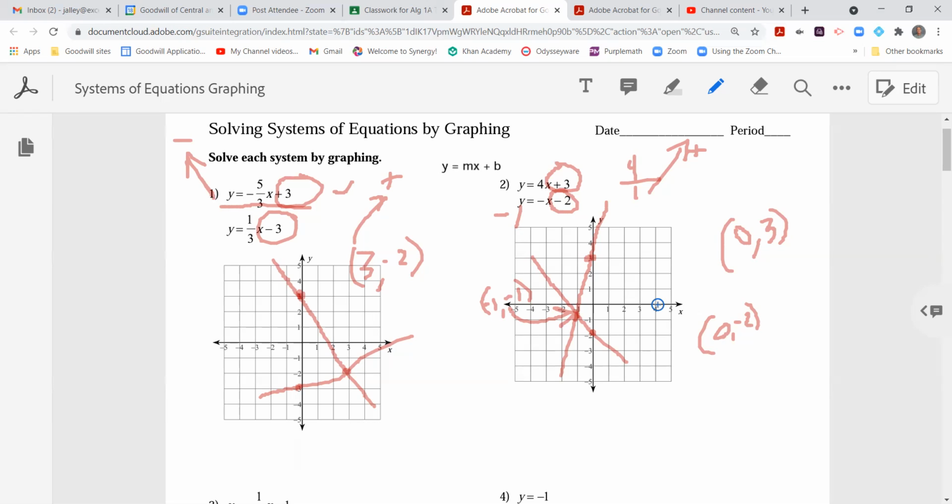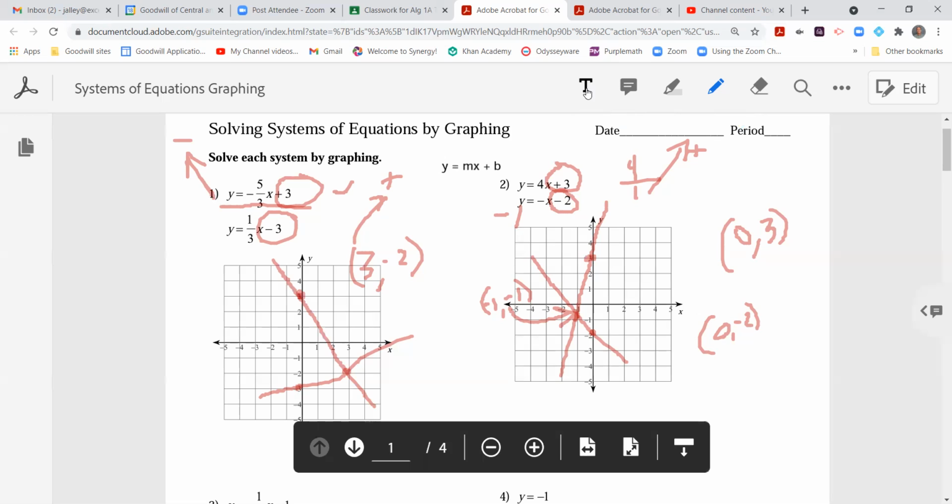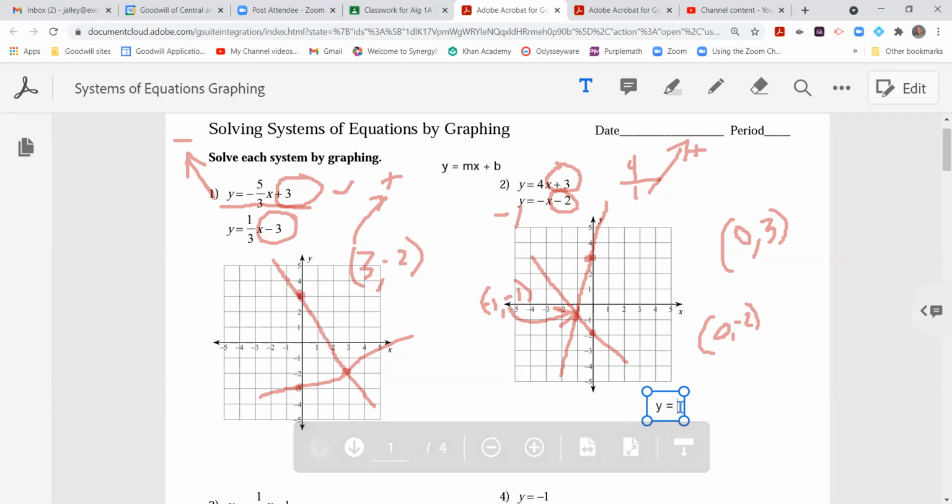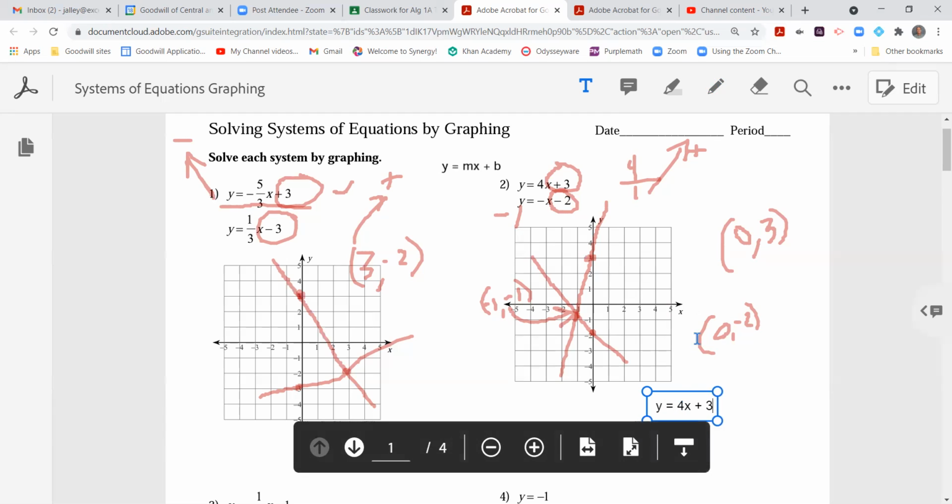Plug in the numbers, right? So first equation, y equals 4x plus 3. My x and y come from my solution point.